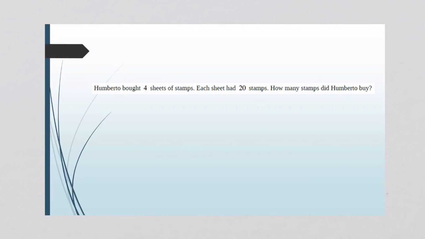Okay, now we're getting into why we actually use those words. This says, Umberto bought 4 sheets of stamps. Each sheet had 20 stamps. How many stamps did Umberto buy? Well, he had 4 sheets, and each sheet had 20. So here's one sheet, and it has 20. Here's another sheet, and it has 20 stamps. Another sheet, and it has 20.